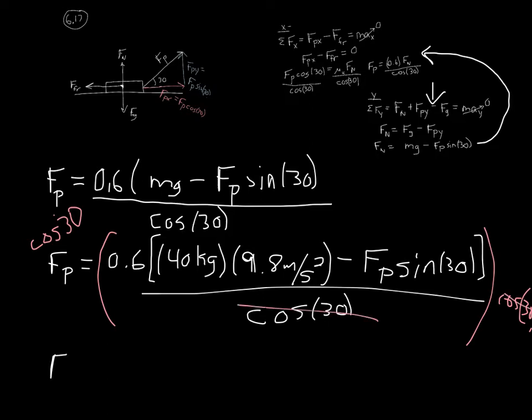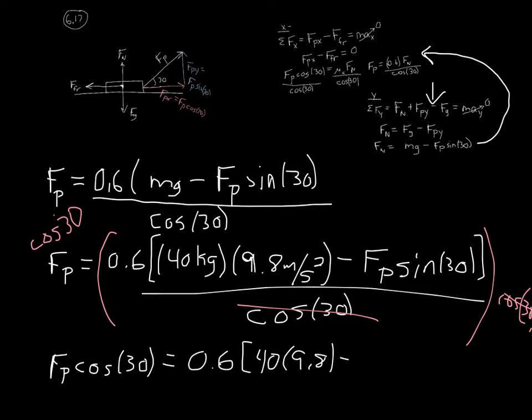So I have Fp times cosine of 30 is equal to 0.6 times 40 times 9.8 minus Fp times sine of 30.